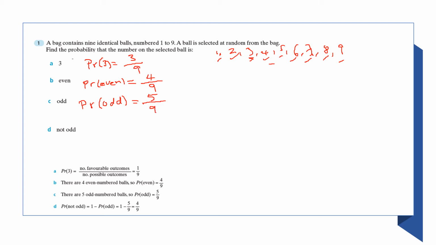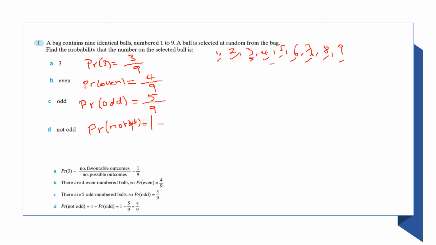What about if the ball that we pick up is not an odd number? When we say not an odd number, we're going to use the fact that the total certainty, the probability of picking one ball from this bag, is 1.